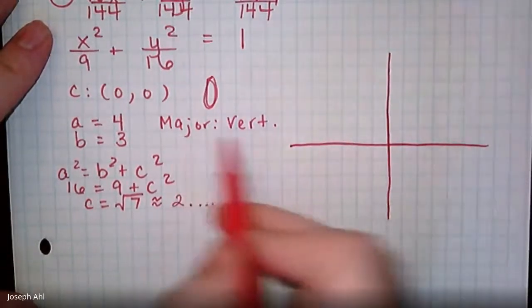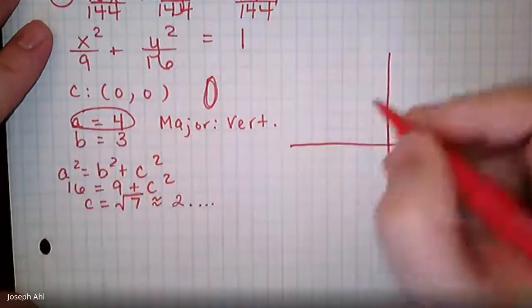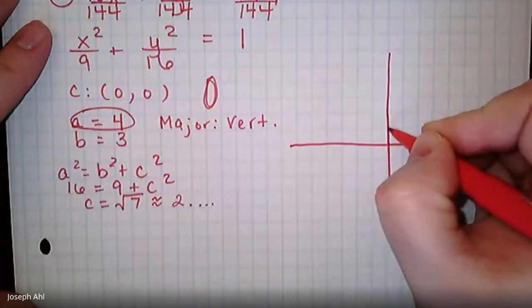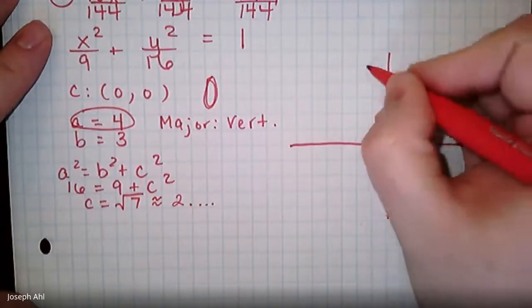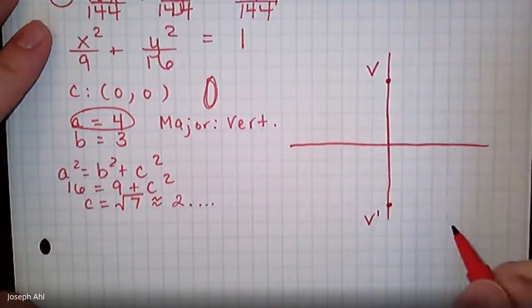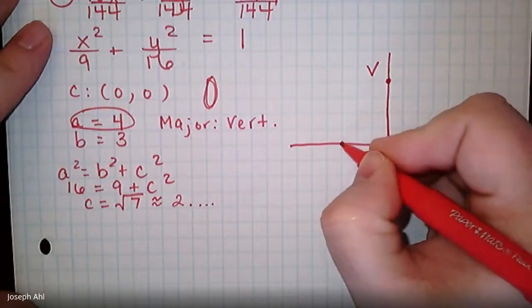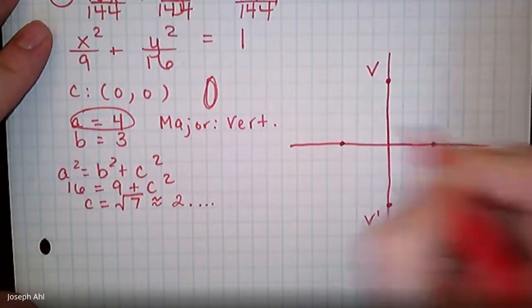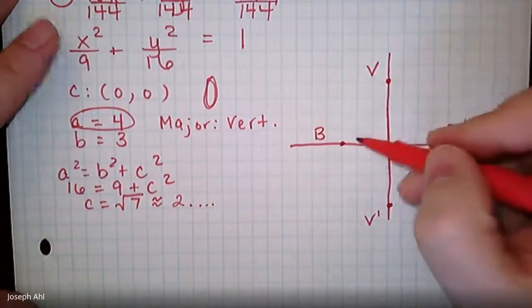Okay, just remember that if the major axis is vertical, that distance a, which is 4, is going to tell you how far up and down to go. So if I go up 4 and down 4, those are the vertices, V and V prime. Okay, if I go left 3 and right 3, these are the ends of the minor axis, B and B prime.